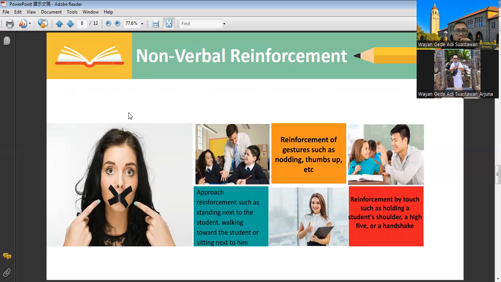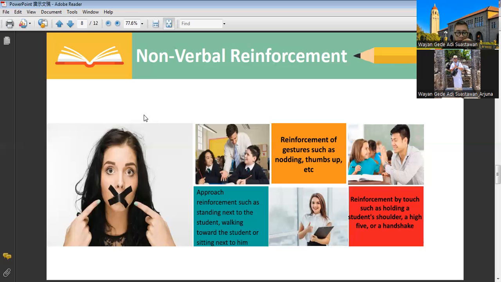So now we would like to discuss the components of non-verbal reinforcement. The first one is reinforcement in the form of facial expressions and body movement. Reinforcement in the form of mimics and body movements such as smiles, nods, thumbs up, and so on is sometimes done together with verbal reinforcement.